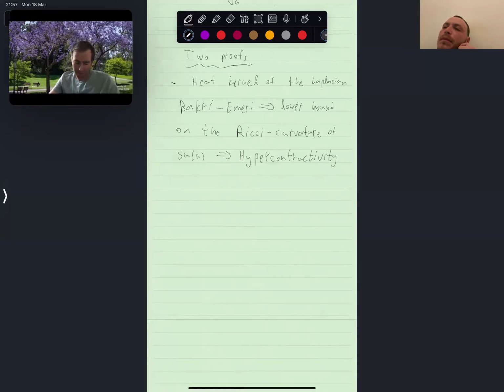And then representation theory tells you something about the eigenvalues of the Laplacian. So that's one proof that doesn't give you the optimal product mixing inequality.